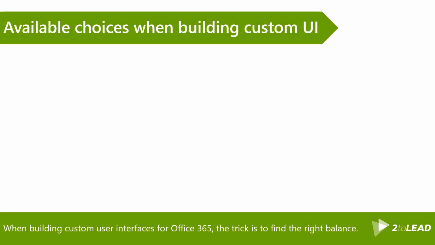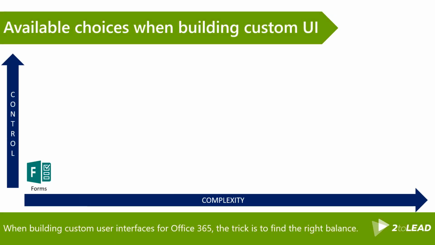In Microsoft 365, we have a set of different options here, and keep that slide format in your head for the next few minutes, because we're going to be reusing it. On the very left, with the arrow that goes up, you'll see that the more up you go, the more control you get over the solution, so you'll be able to do more complex things, right?